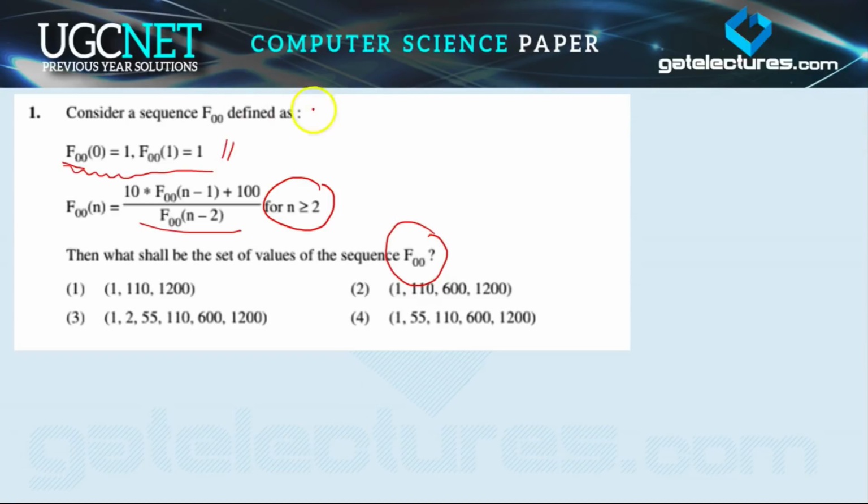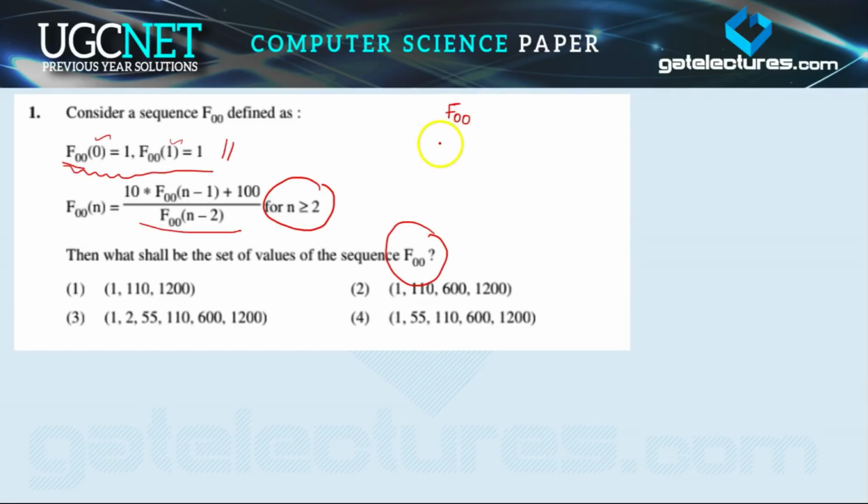So you know the value of f(0), you know the value of f(1), and n should be greater than or equal to 2. So put values greater than or equal to 2 into this whole equation.